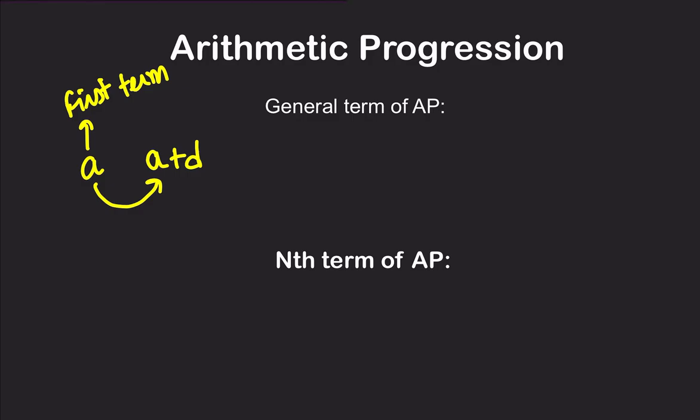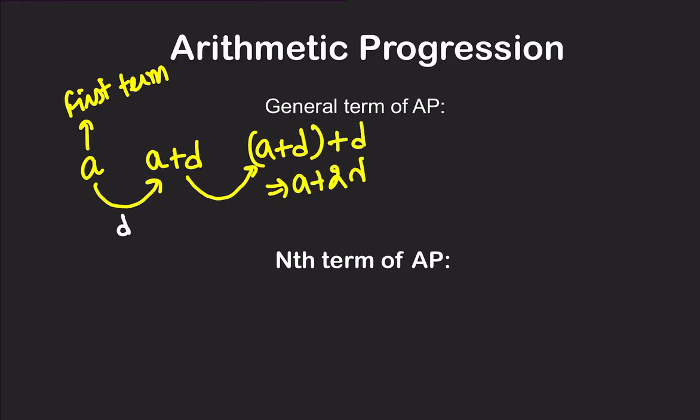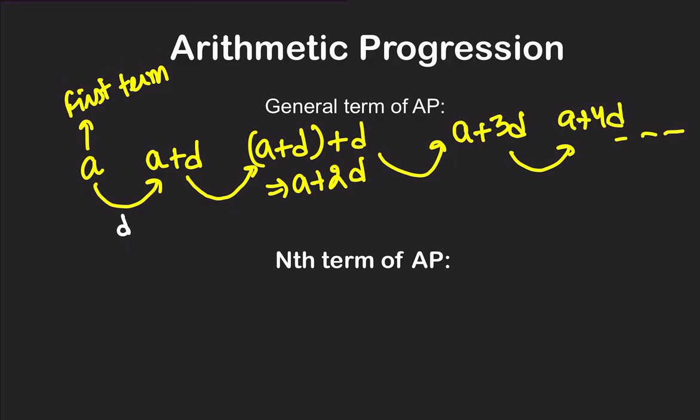A plus D minus A, which means the gap between these two numbers is D. Now if you go to the third number, then what do you need to do? You need to add D to the second number. So A plus D plus D, that is A plus 2D. I hope it is clear. This is the third term. What will be the fourth term? The fourth term will be A plus 2D plus D, which means A plus 3D. Then the next term will be A plus 4D, and so on, right?